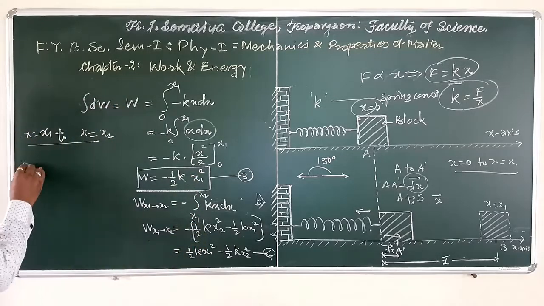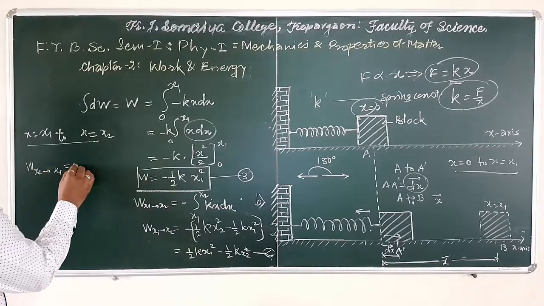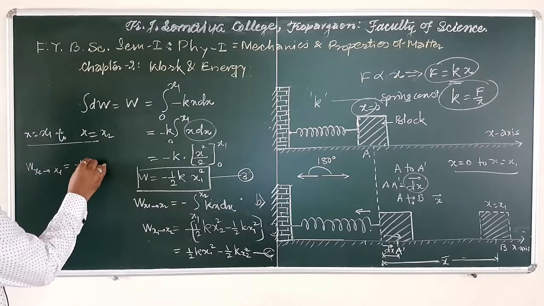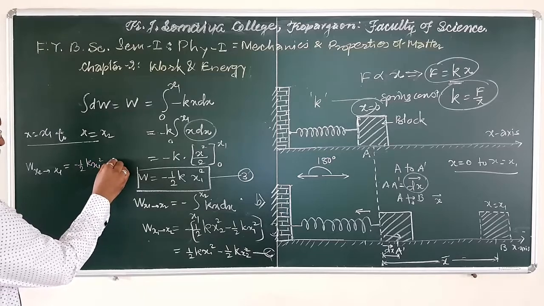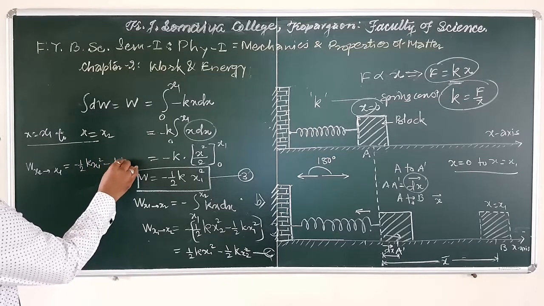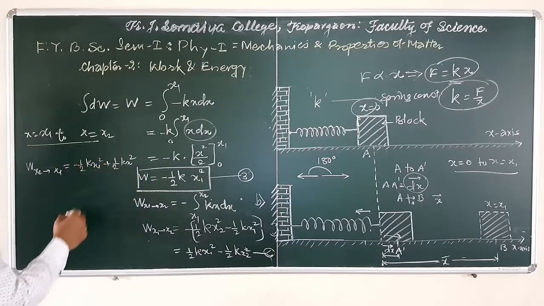Then the work done will be W x2 to x1, and it will be minus 1/2 k x1 square minus 1/2 k x2 square. Sorry, plus.